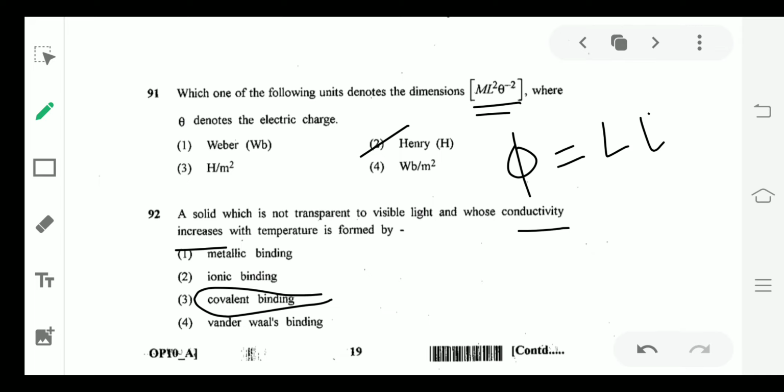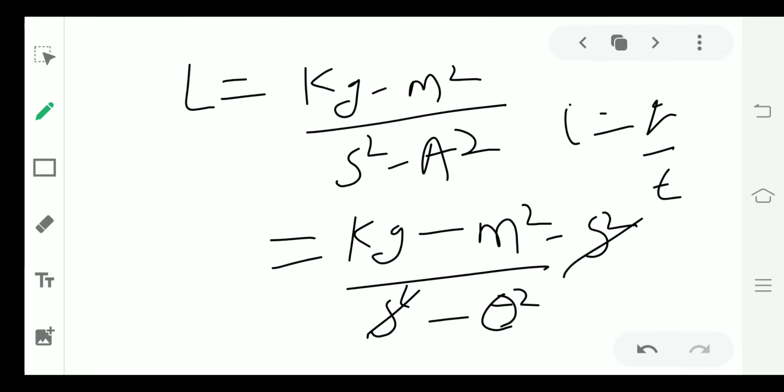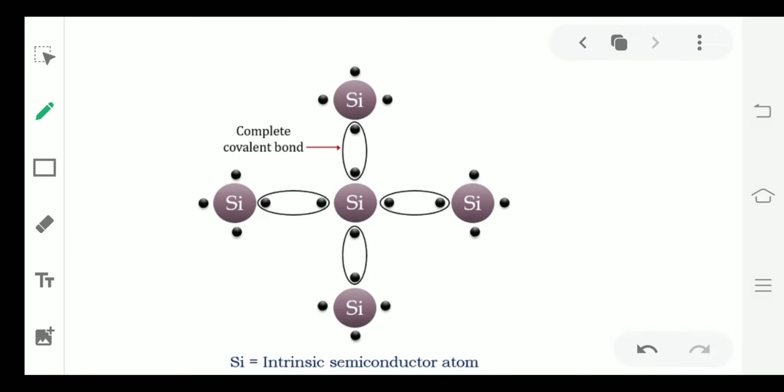How this works, I will tell you. In intrinsic semiconductors like germanium and silicon, there are 4 electrons in the valence shell, and the bond formed between them is by the sharing of electrons.